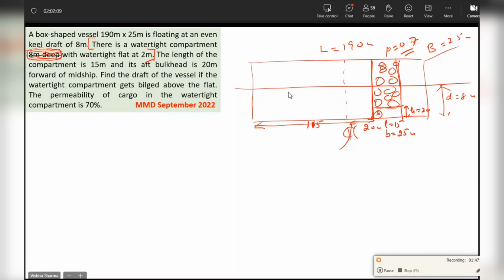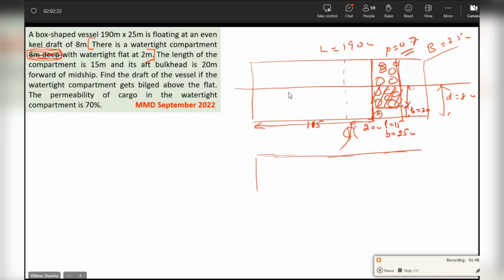Yes, sir. Okay, now let's solve it in the class. What's the time? Because this is the last question. 11:30. No, what's the hurry? Let's take this question. Can you please, all of you, make the water plane area diagram here? Now lost buoyancy is only this much.